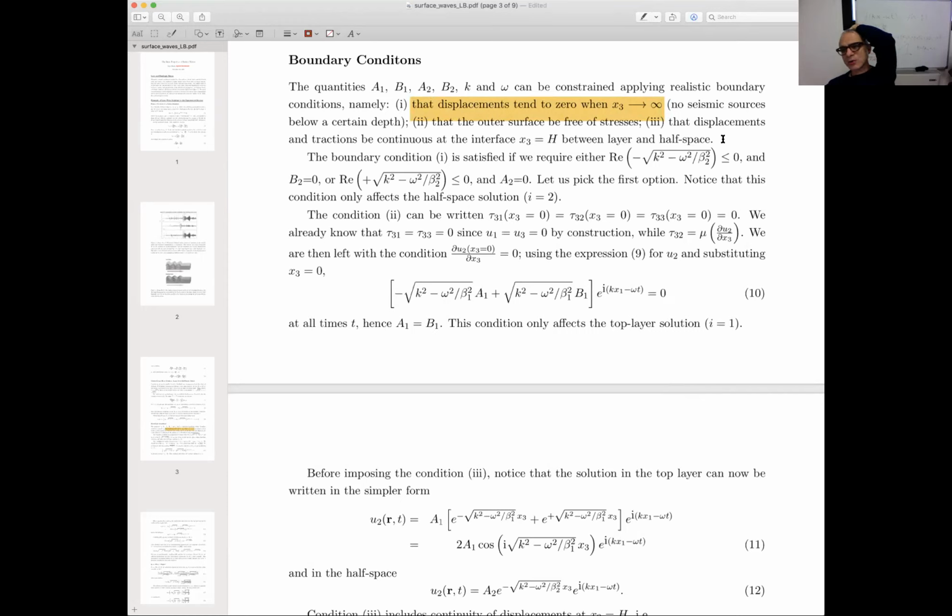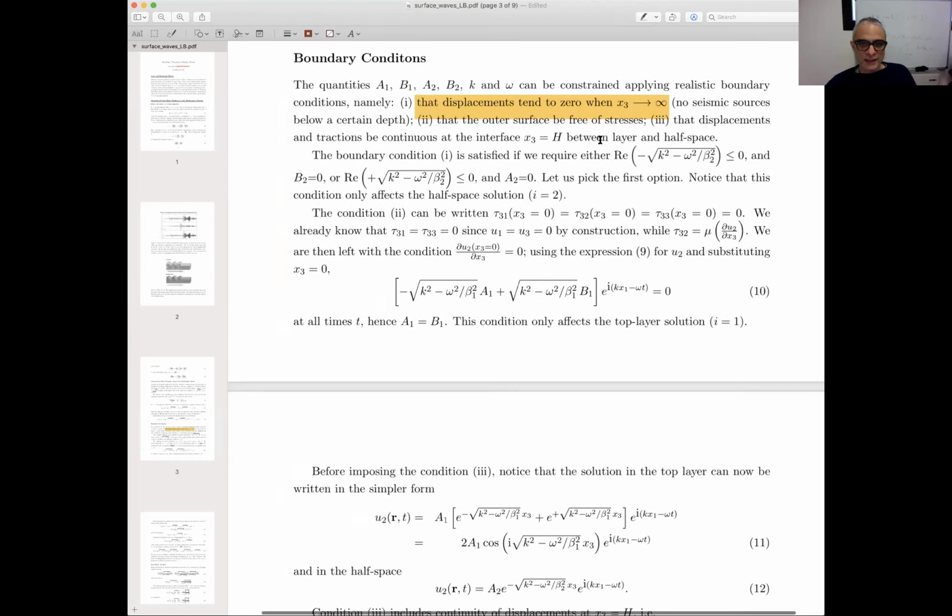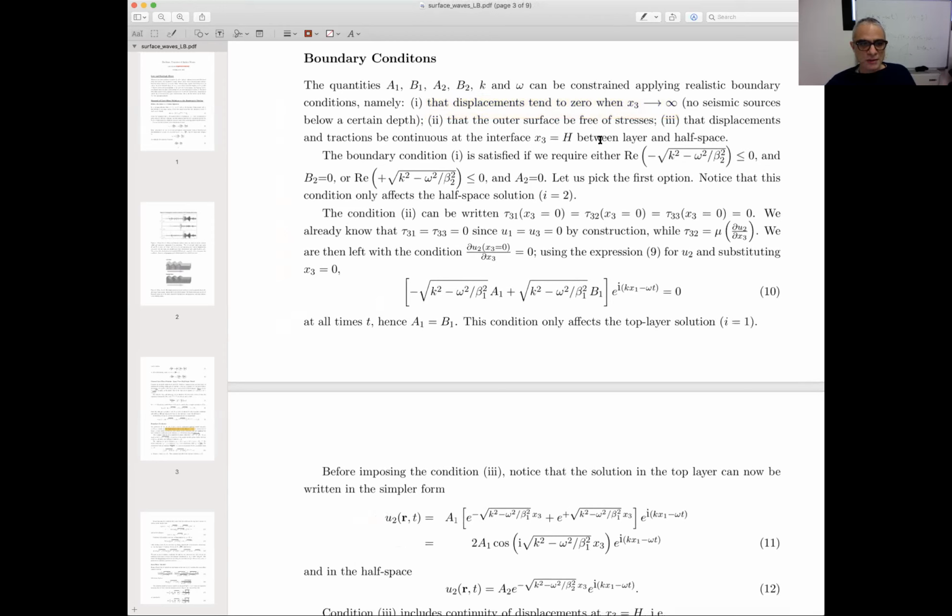You don't want anything to happen when x3 is very large. x3 is the coordinate that's 0 at the surface of the Earth and grows as we go down. It's depth, basically. So physically, it wouldn't make any sense to have large displacement at infinite depth. So we can think of that as an additional boundary condition.